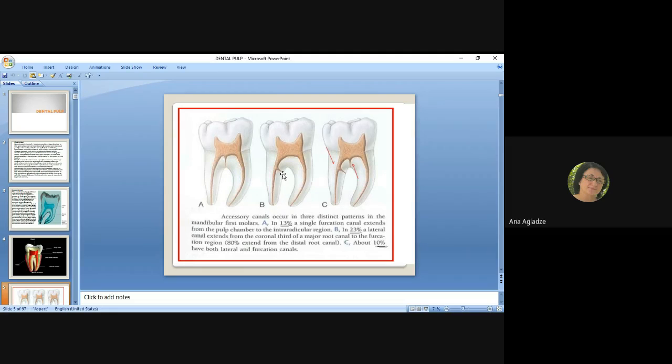And here, in about 23% a lateral canal extends from the coronal third of the major root canal to the furcation region, and about 10% have both lateral and furcation canals.